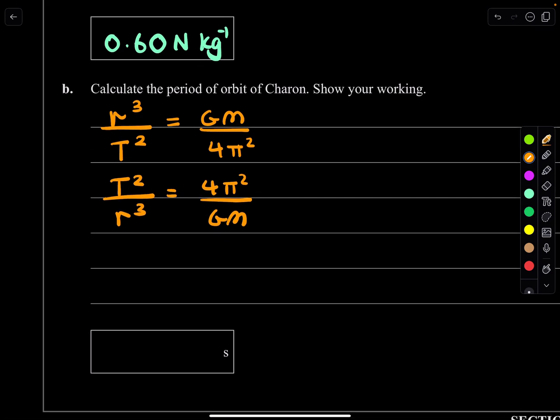Multiply both sides by r to the power 3. So we get T squared is equal to 4 pi squared r to the power 3, all divided by GM. Take the square root of both sides, and we get the square root of that.